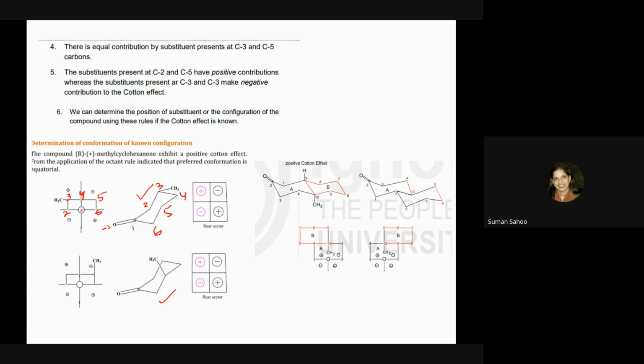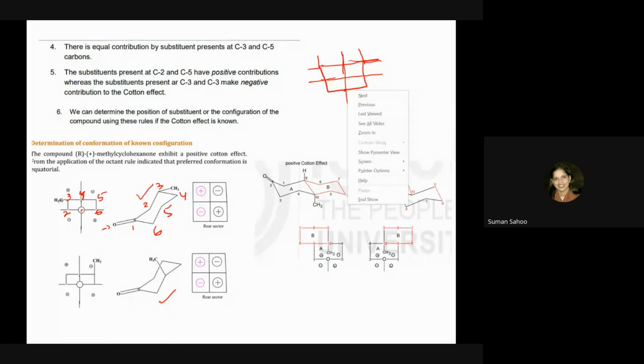To know this in this quadrant, whenever you have groups like this, equatorial goes there, axial comes there, equatorial goes there, axial comes here, like that.